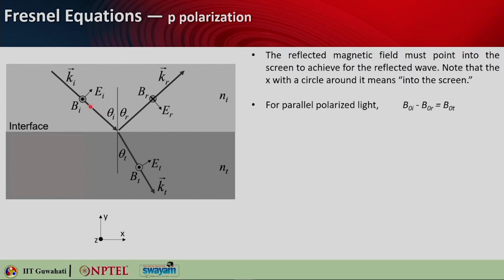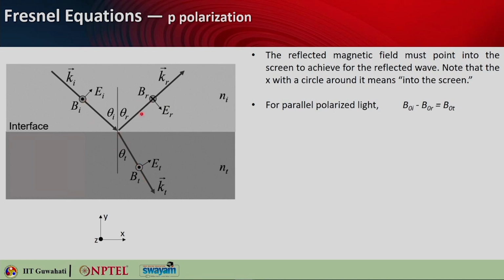So first, as we have done the calculation before, in the previous case it was straightforward for electric fields. Here the magnetic fields are only along the z direction. So the tangential component of the magnetic field at the interface will be easier to find out. So let's assume the upward direction as positive, and the direction going inside we can take as negative. So here you can write that B0I minus B0R will be equal to B0T.